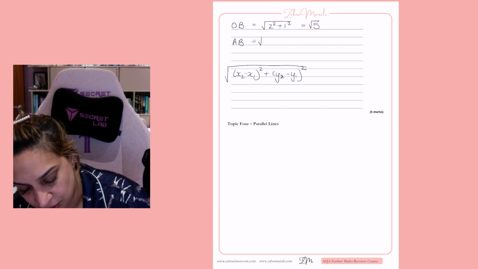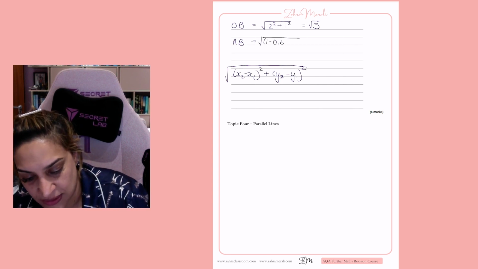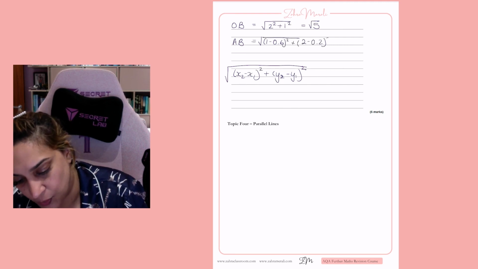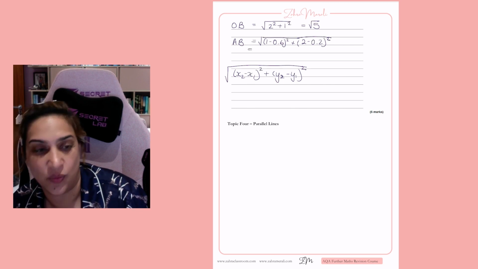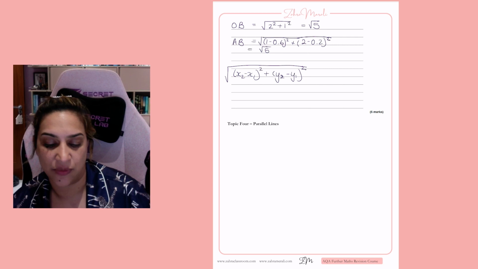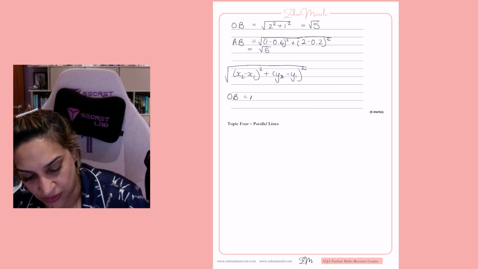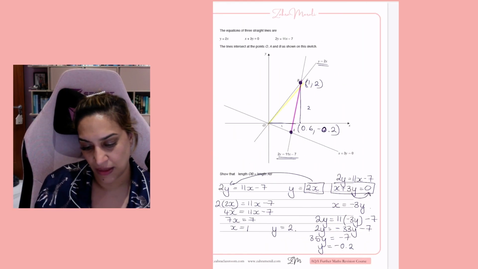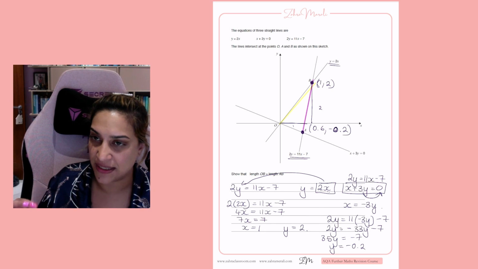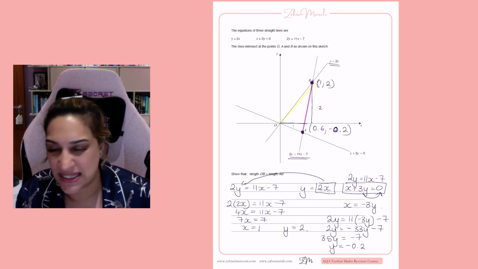So in this case, we're going from A to B. So we've got 1 minus 0.6 squared plus 2 minus 0.2 squared. And then when we stick that into our calculator, this is calculator paper, we get root 5. And then we'll just say OB equals AB. So that shows how you find the length or the distance between 2 points. But it's mainly surrounding the intersection of them as well.